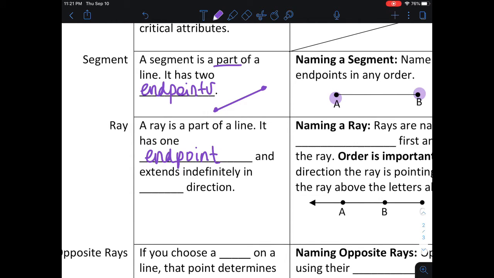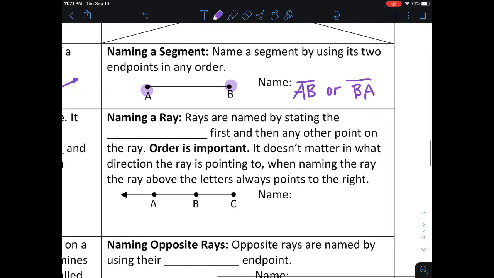And it extends indefinitely in one direction. Naming a ray. Rays are named by stating the endpoint. To name a ray, you simply use the endpoint and one of the other points. So I'm going to start with C, and then I'm going to pick one of the other points, so A. Cool?